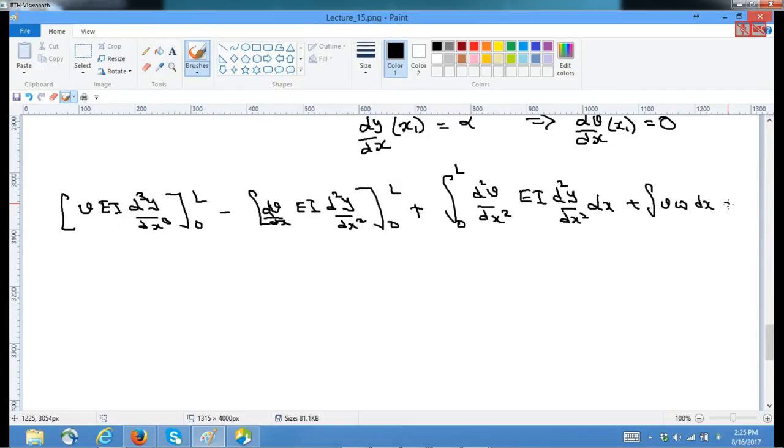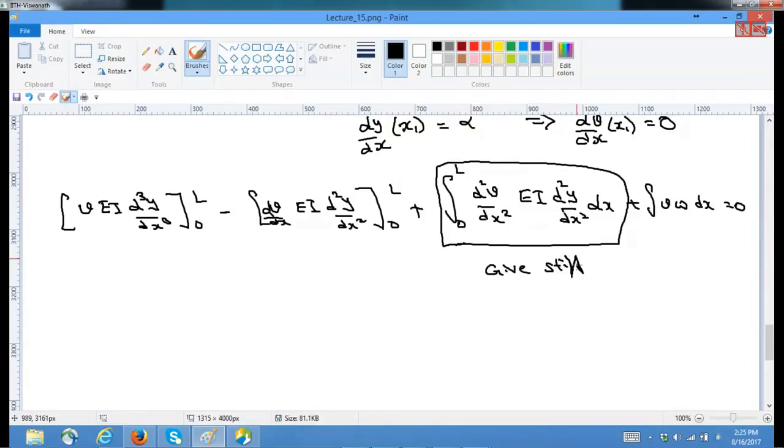Somehow we will see that this statement, we will write it, not now, would give the stiffness contribution, this term, and this term will give distributed forces, and these two terms have two cases.